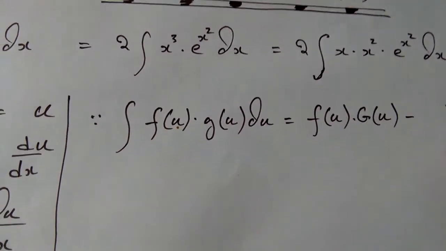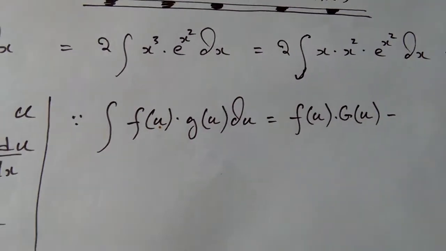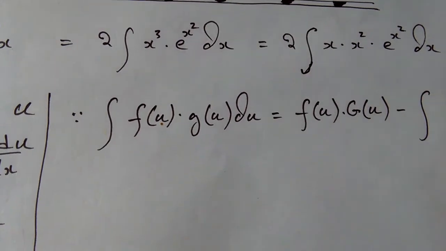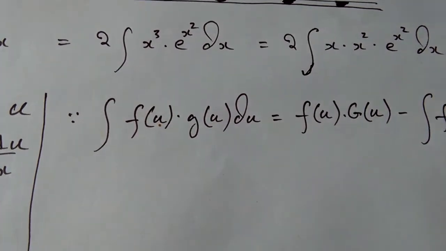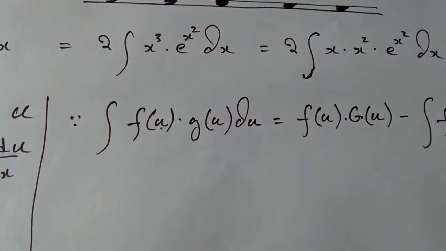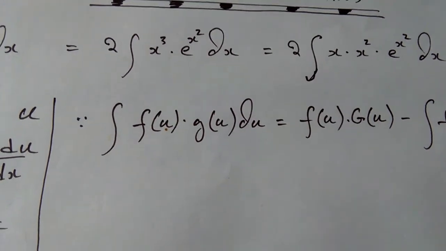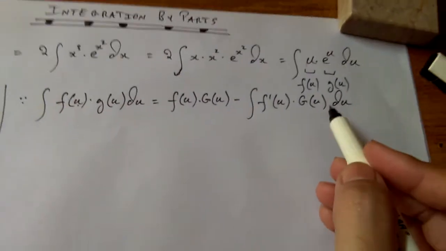And I've elaborated this formula already in the first part of the video. Then I don't think that I have to repeat this thing again. So I'm directly writing the formula for you. And okay, so this is it.